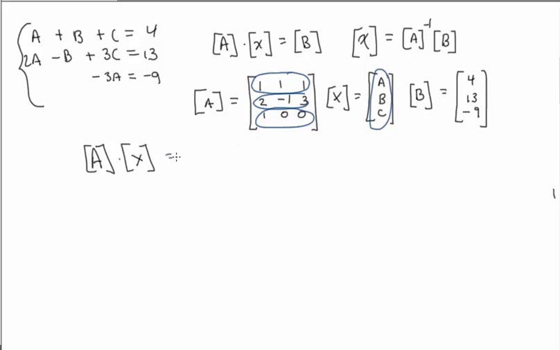And the result of that would be 4, 13, and negative, not -9, would it be? It would be -3. -3 here. Sorry about that. Yeah, this would be like A equals 3, +3. There we go, +3. Okay, that's better.